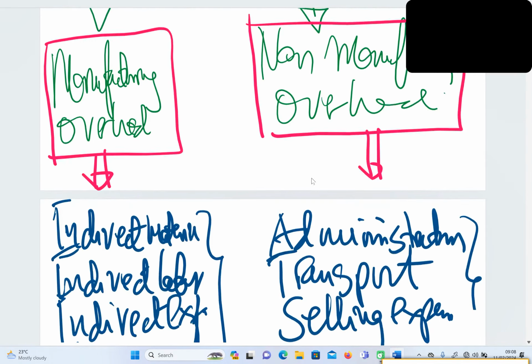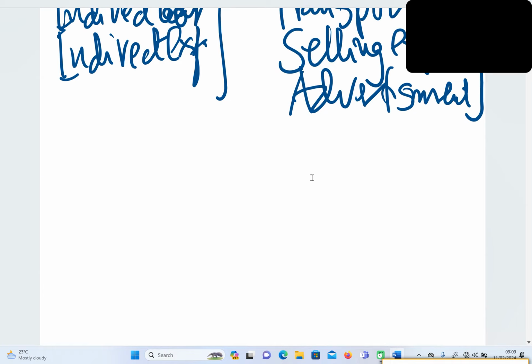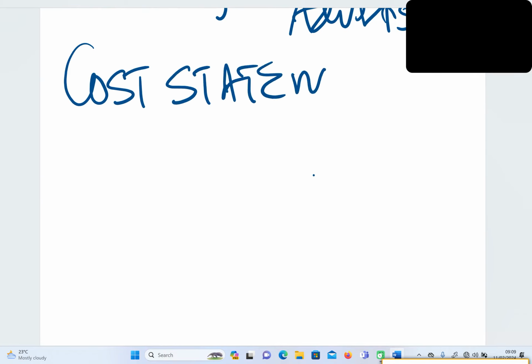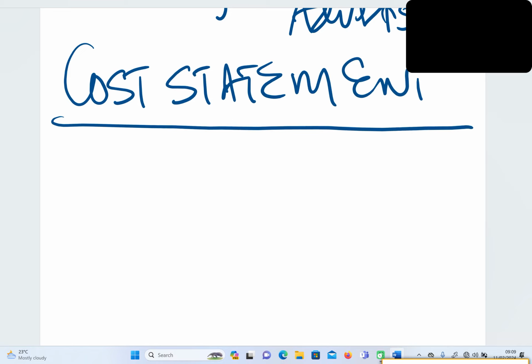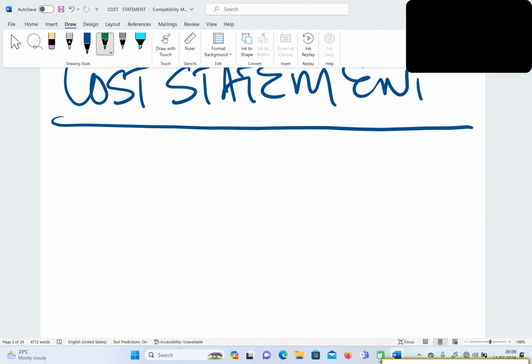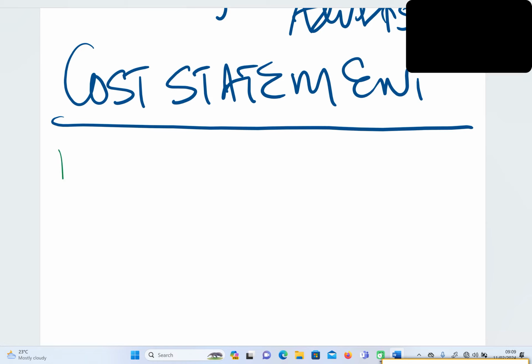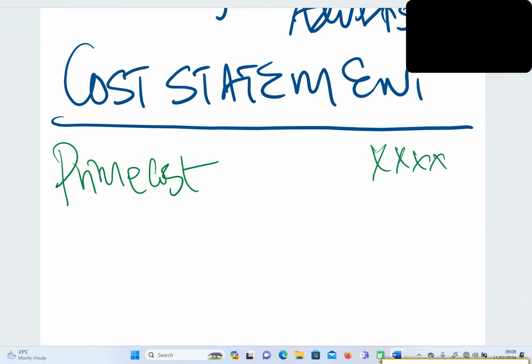So, if I want now to write the summary, the cost statement will be summarized as follows. Number one, we will have the prime cost, the components of prime cost.